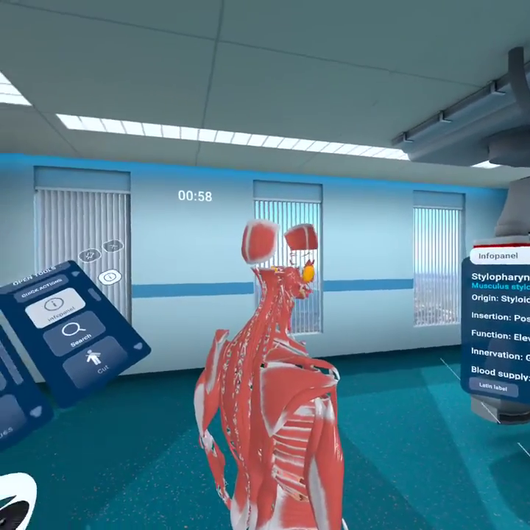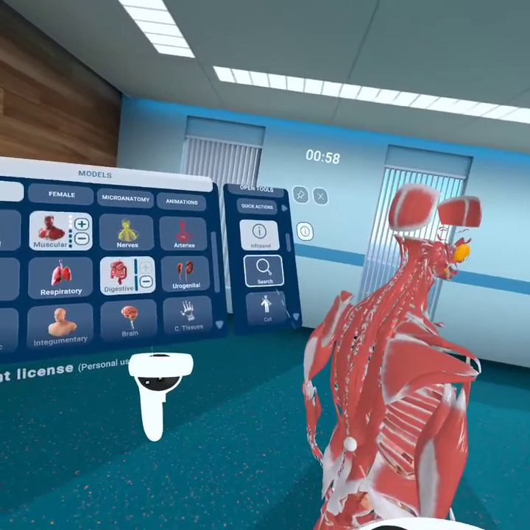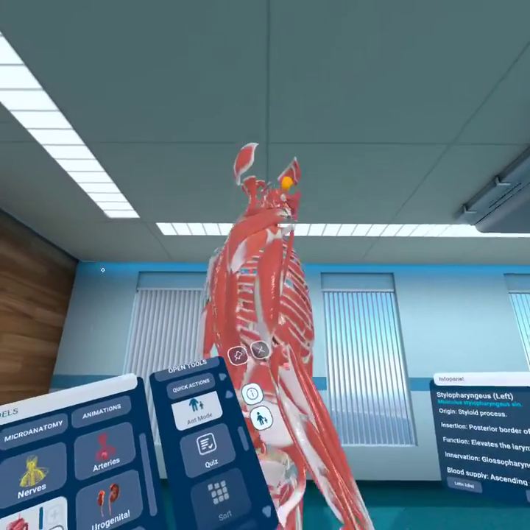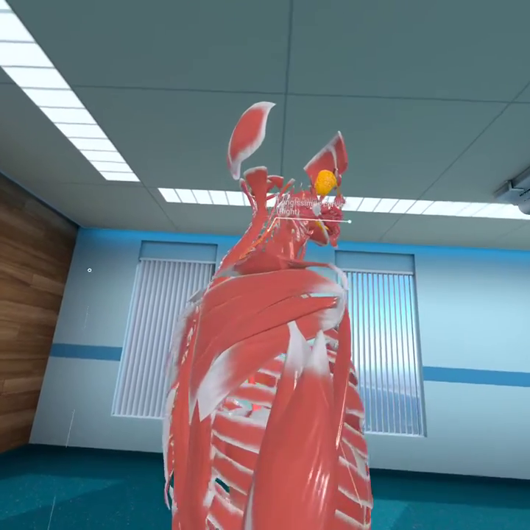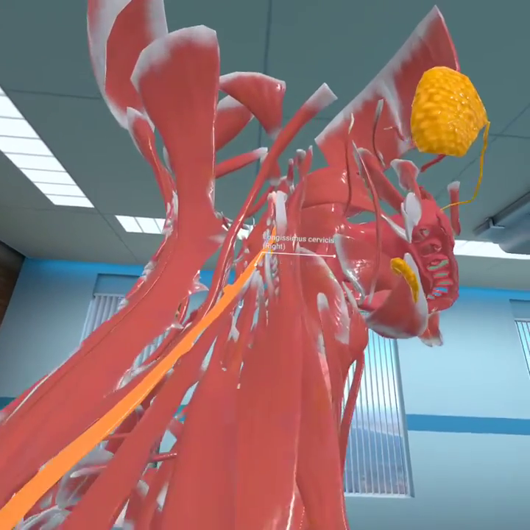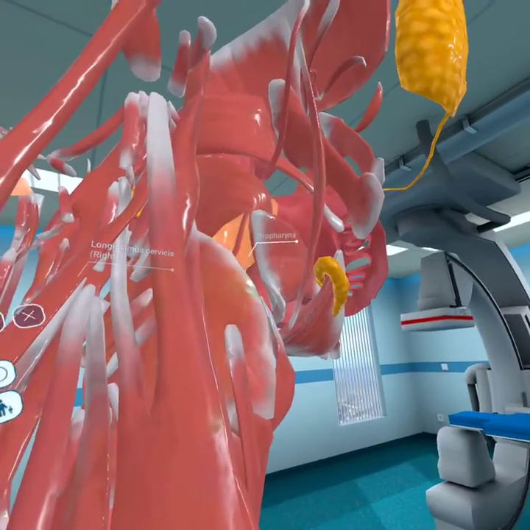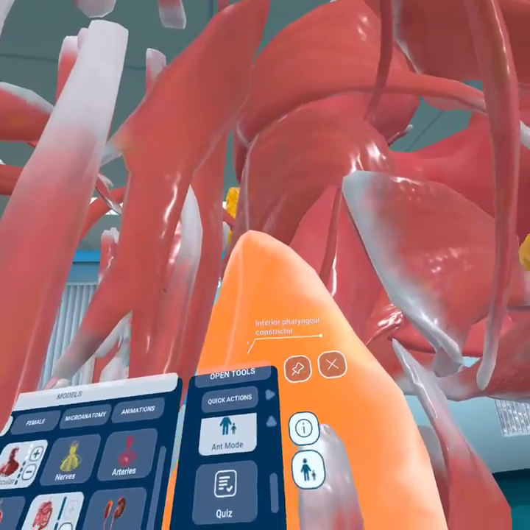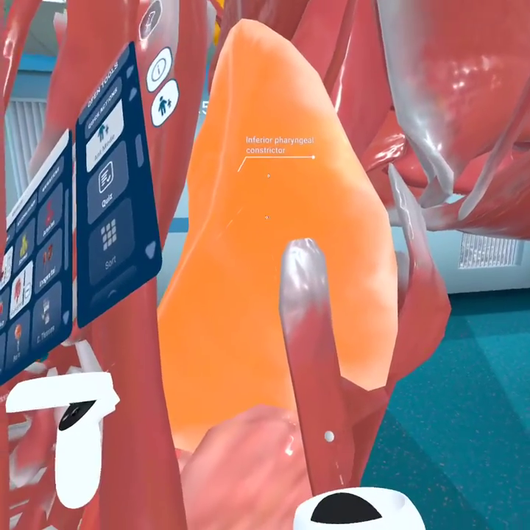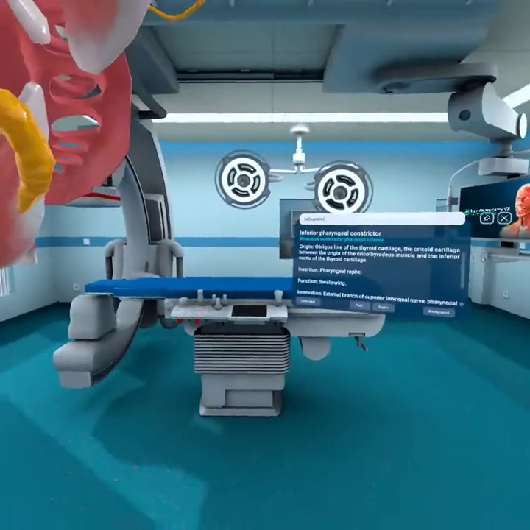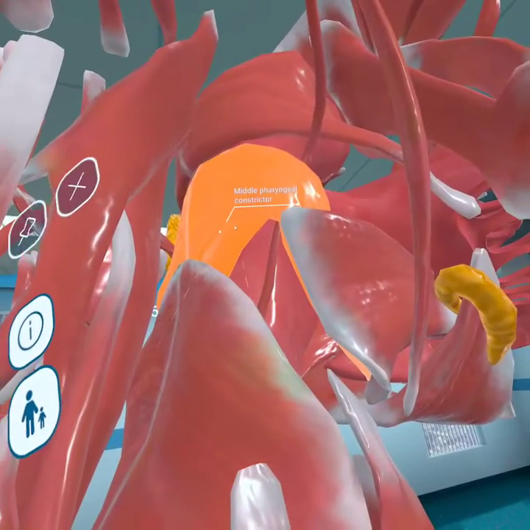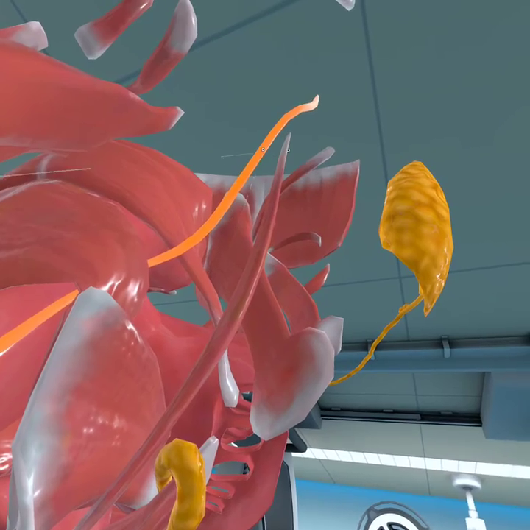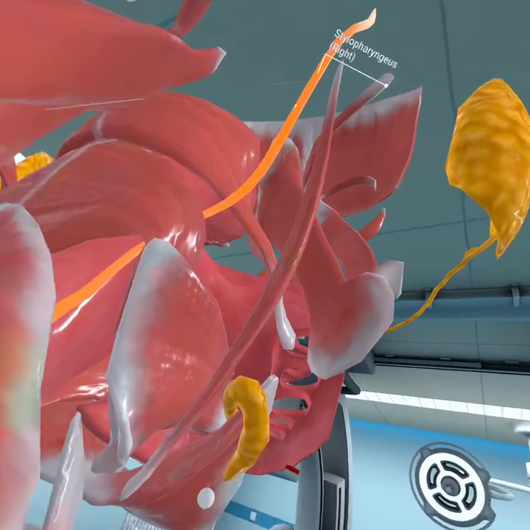Now let's get into it and see it at a much better size. Now we'll go in and we won't get lost. So we have our inferior pharyngeal constrictor, our middle pharyngeal constrictor, our superior, and we have our stylopharyngeus right there.